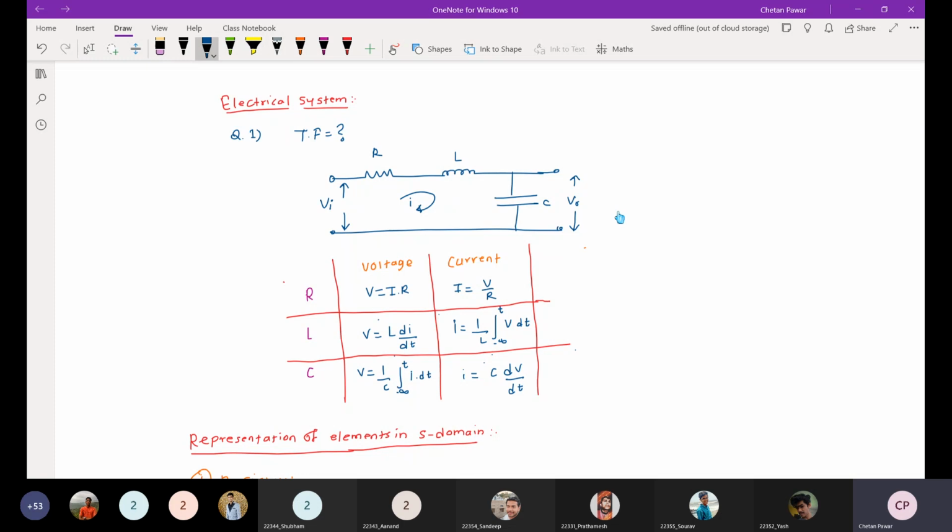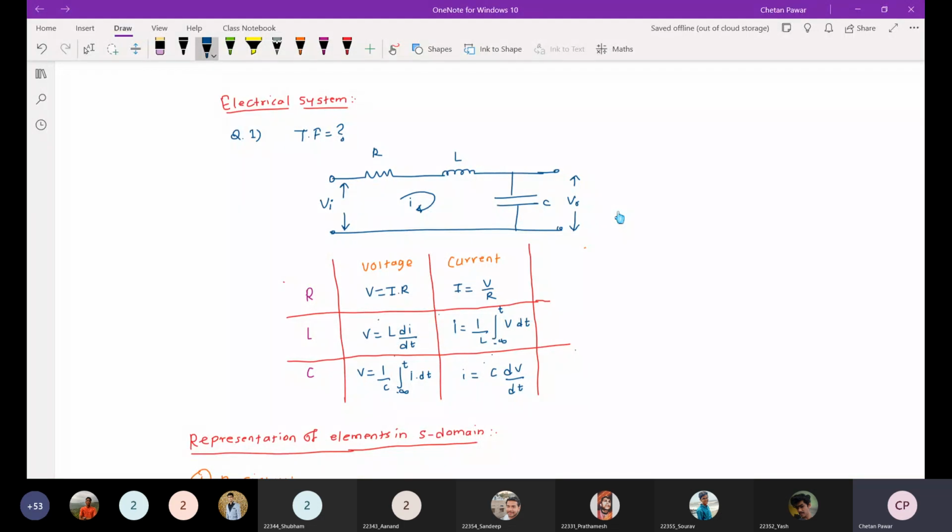Then voltage across the inductor is L into di by dt. Current flowing through the inductor is 1 by L times the integration from minus infinity to t of v dt. Then the voltage across the capacitor is given by this equation. The current flowing through the capacitor is i equals C into dv by dt, where i is the capacitor current. All these equations you know.